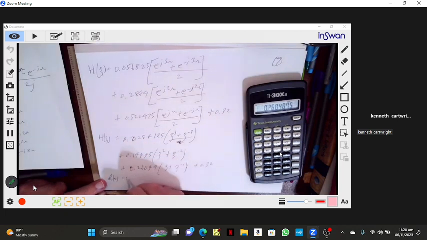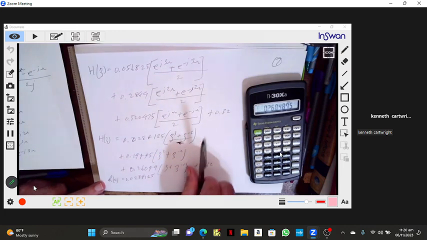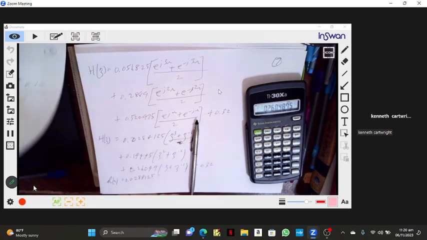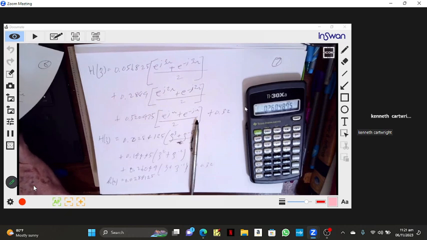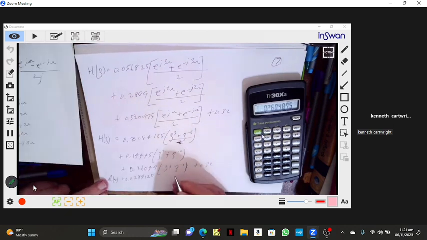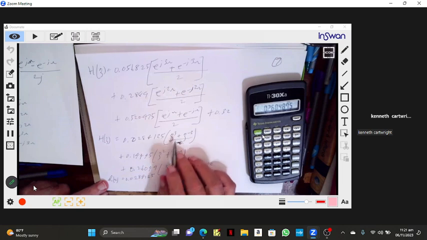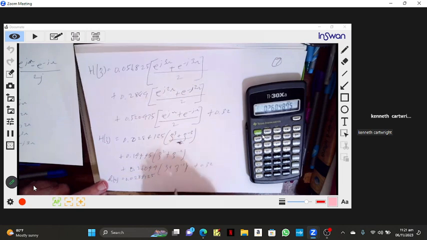So your h of n is 0.028412125. What's the inverse of z cubed? Would it not be 1 over z to the power negative 3?